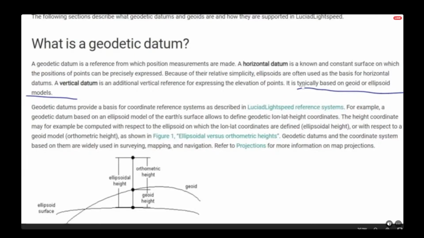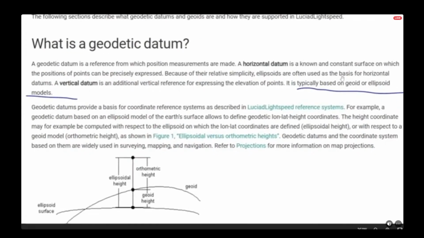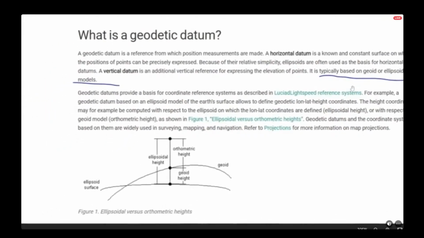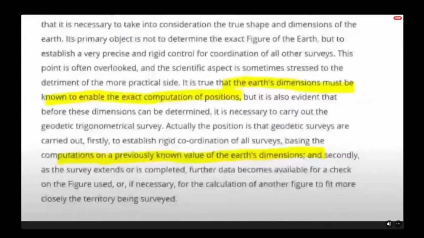Vertical datum is an additional vertical reference for expressing the elevation of points. It is based on a geoid or ellipsoid model. So it seems that they've already started by assuming an ellipsoid, and then, oh look, there's the geoid height, the ellipsoidal height, the ellipsoidal surface. So yeah, it looks like we're starting off on the right foot.